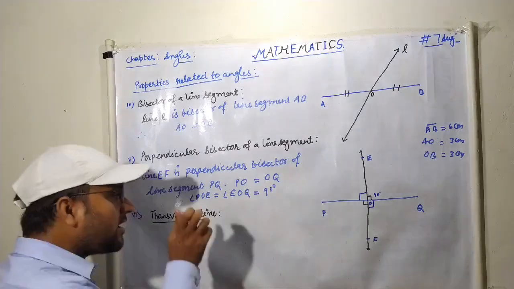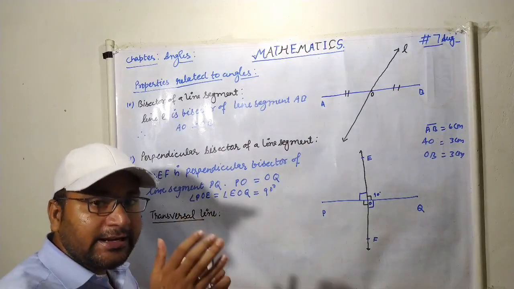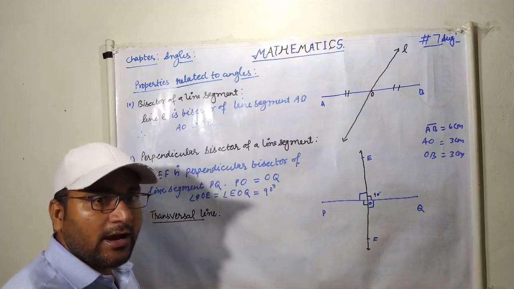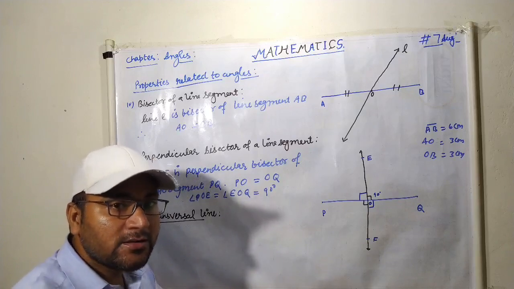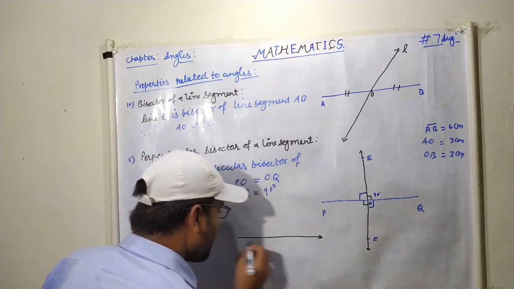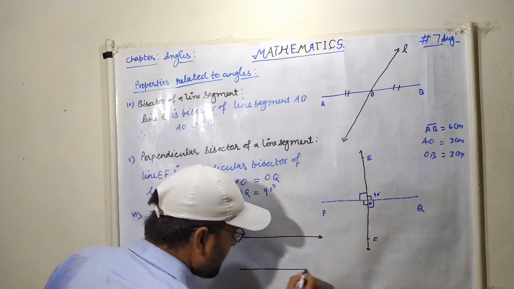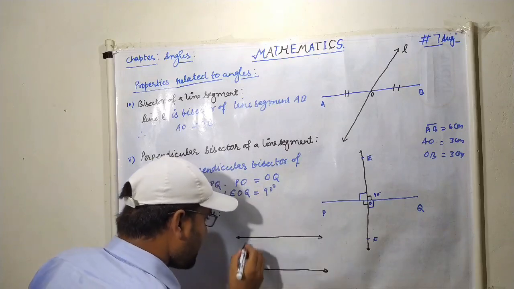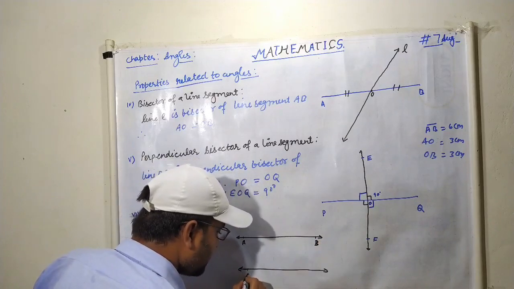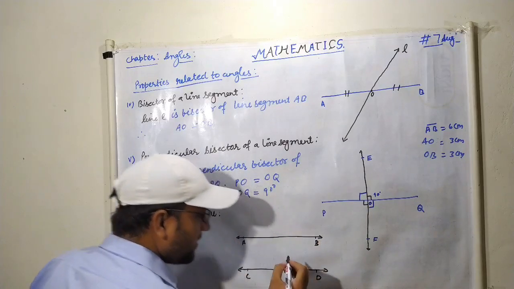A line that intersects two or more than two lines at different points. Okay, see this one example, students. This is a line AB. This one is CD.